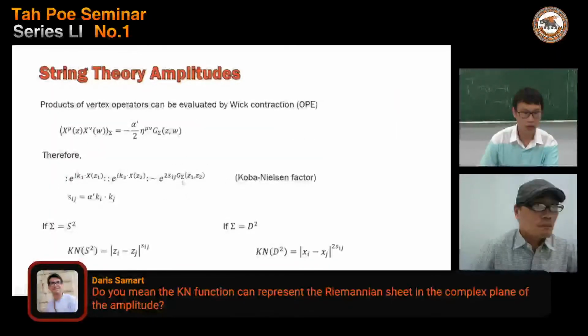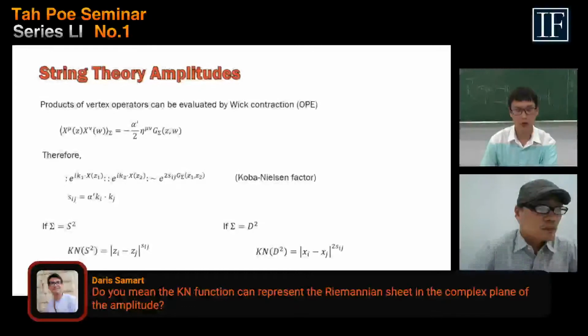So, for example, if the topology is this sphere, the Koba-Nielsen factor goes to here, and if it is another, it goes to here. So different Riemann manifolds give different Koba-Nielsen factors.